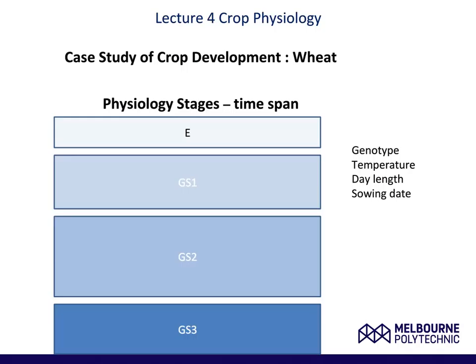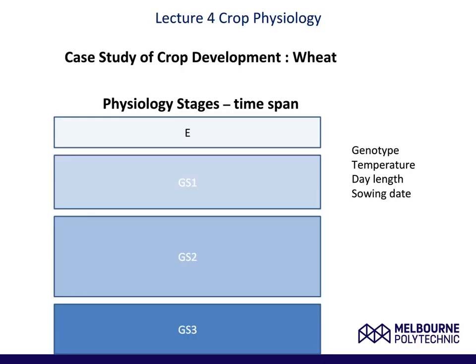Therefore, when you are beginning to understand or learn about crop and the growing of crops, it is important that you understand that not only do you have to think about how the whole plant reacts to a certain temperature, day length or sowing date, but actually it's the individual stages that can very much influence the whole plant response. Therefore, learning to categorize and understanding environmental impacts on these stages is important in your commercial enterprise.